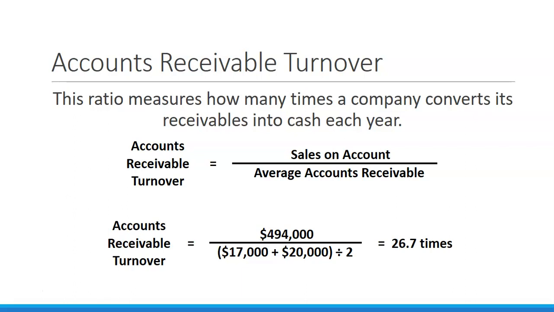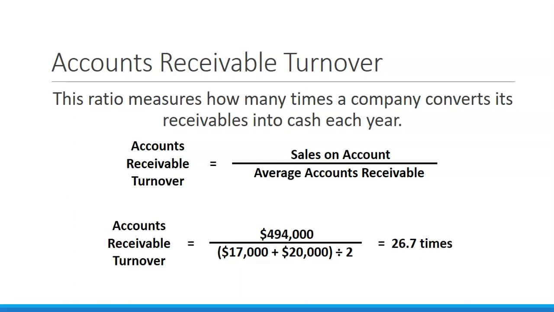So this tells us how many times per year we convert our accounts receivable into cash. The formula for this is the sales on account divided by the average accounts receivable. So the average accounts receivable is year 1 plus year 2 divided by 2.